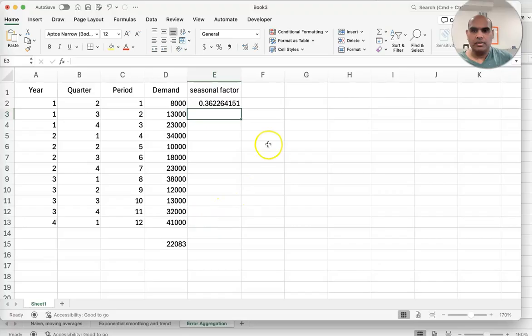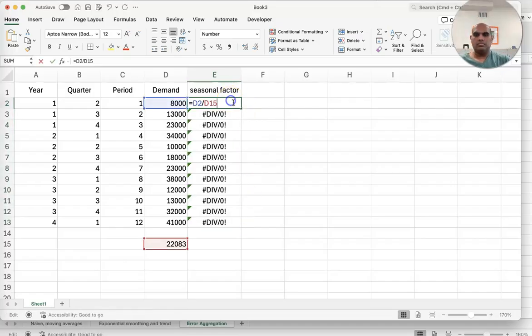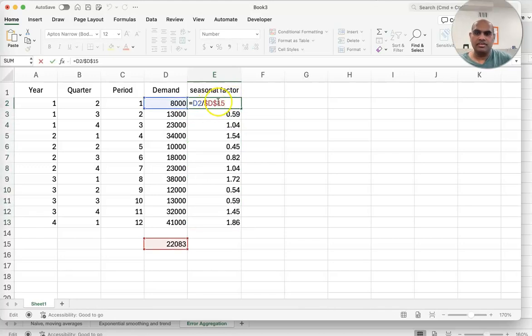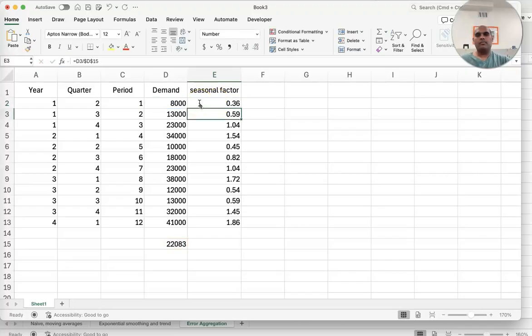I'm just going to keep 2 decimals for this seasonal factor, I don't need more than that. I'm going to make the average demand an absolute reference, so just the denominator has dollar signs, the numerator does not. Otherwise, you'll get the same number throughout.